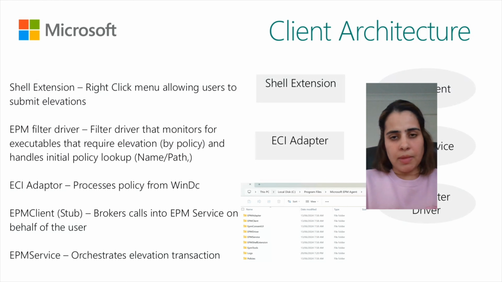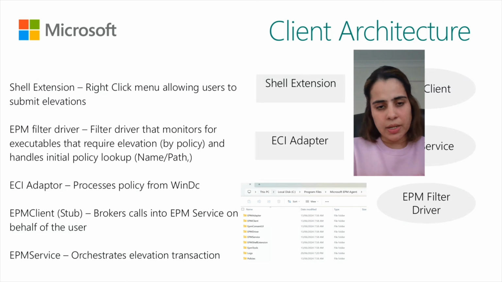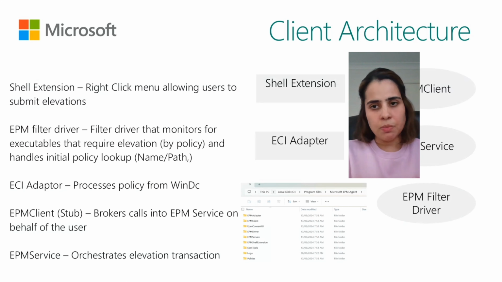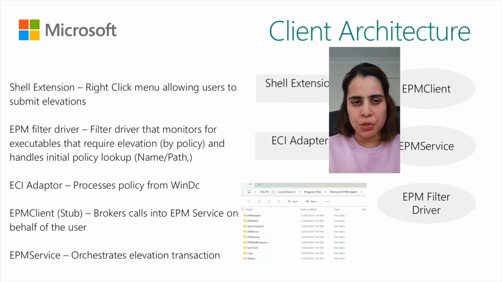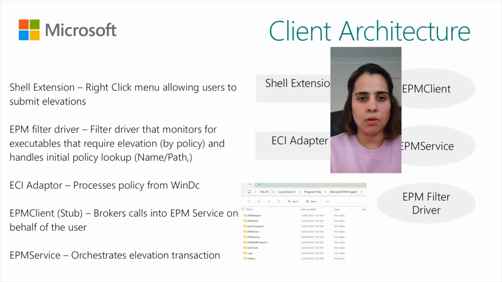So as mentioned, when you create an EPM settings policy, there is a small set of components that would get provisioned on the devices on which you are enabling the EPM policy. So we will talk about a small snapshot of what all those components are on that particular endpoint device.